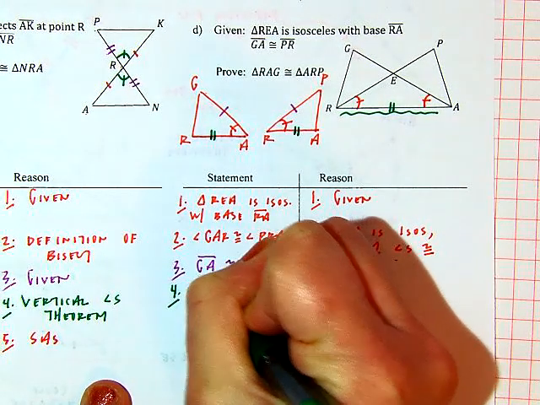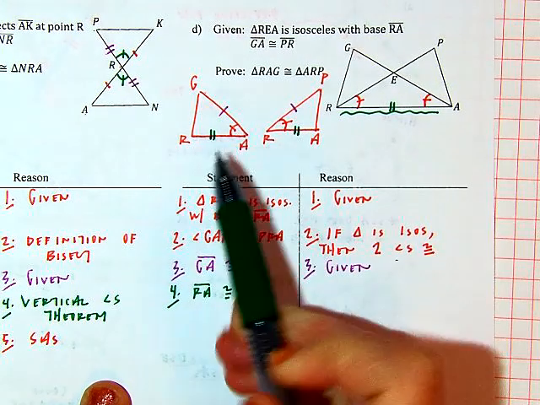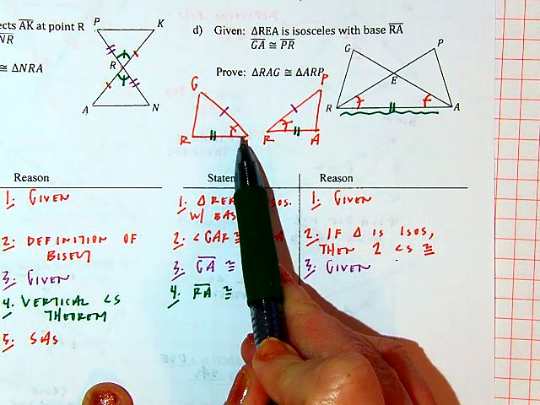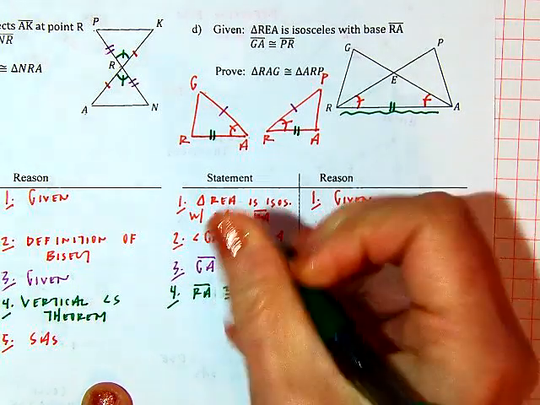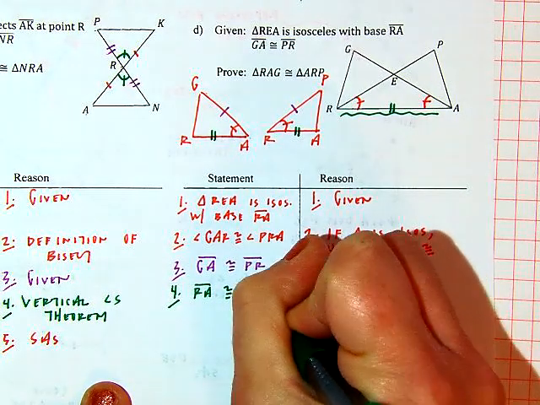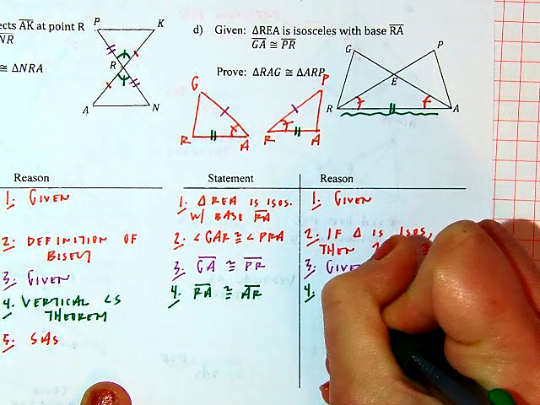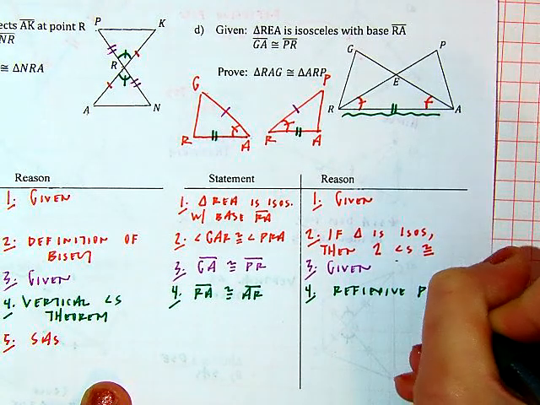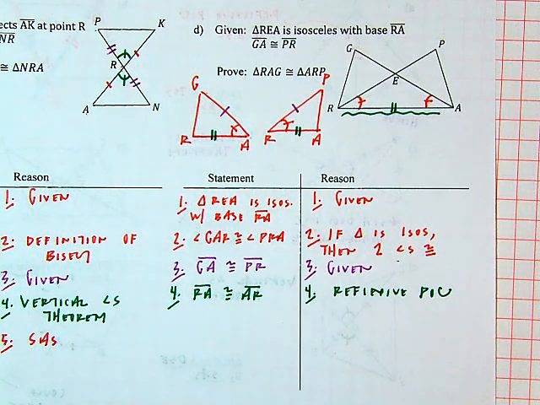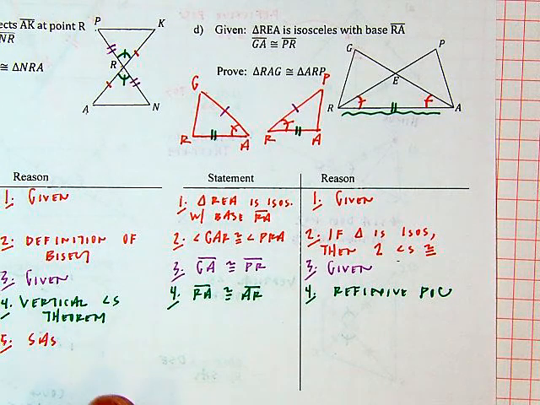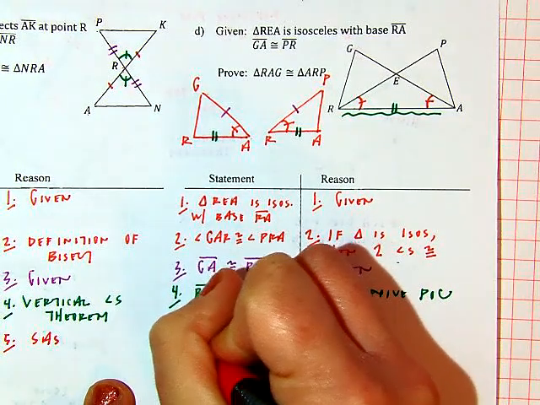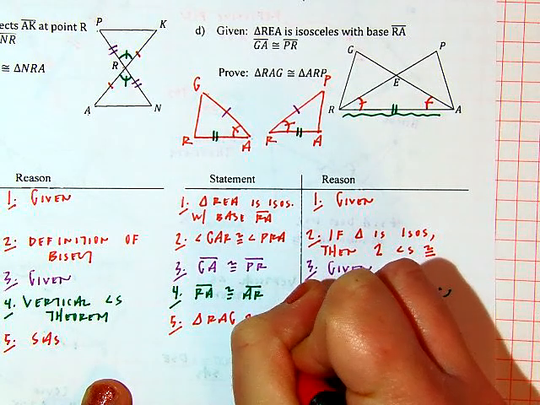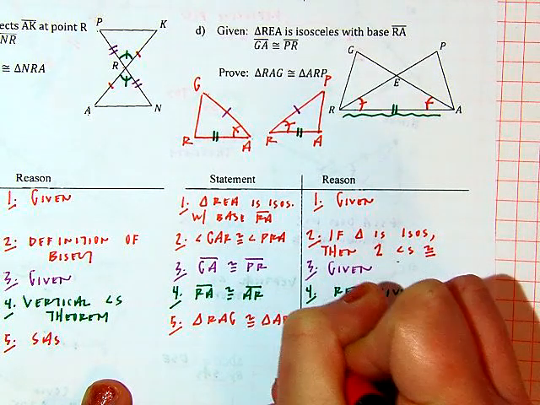So if I call it RA for the triangle on the left, R to A, so unmarked angle to the single marked angle, here I have to name it A to R. So again, reflexive property of congruence. And now I've done my job. I've linked up side, angle, side. So I can reach my conclusion here in step 5, that triangle RAG is congruent to triangle ARP.